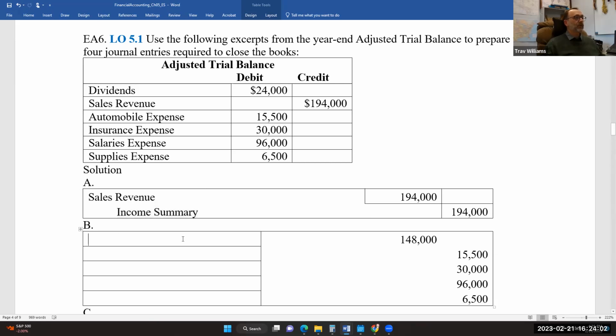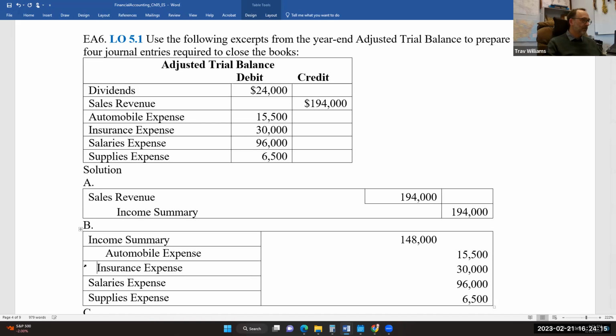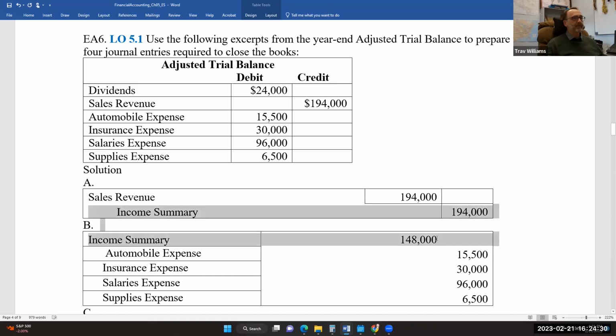Then step 2, we always debit income summary and we credit our expense accounts. So we have automobile, then we have insurance, salaries, and supplies. Okay, we have more revenues than we had expenses.